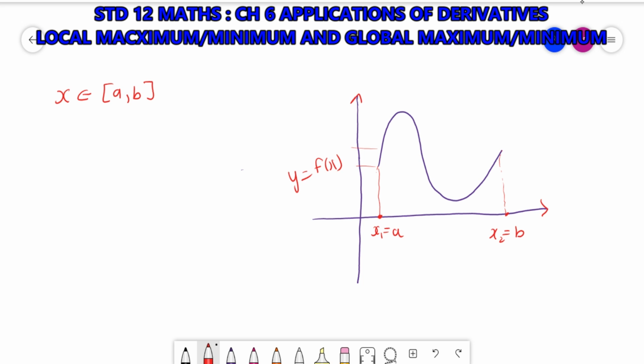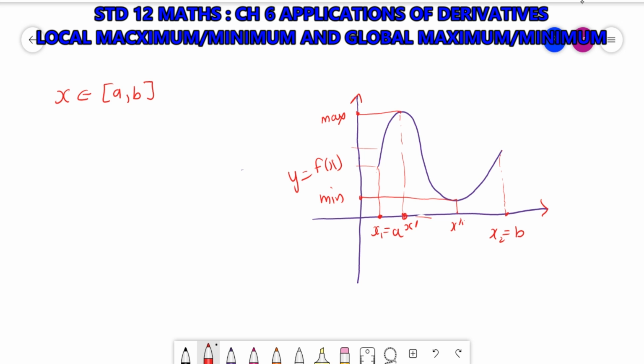Now see, where the curve is having maximum value, you can see that this point is its maximum value, right? Let's say at this point x equal to, let's say, c, or let's say x dash, this function is having maximum value, and at this point, minimum value.